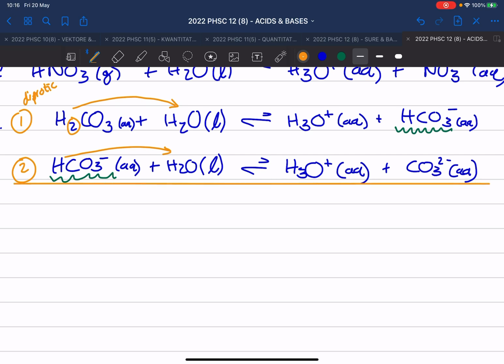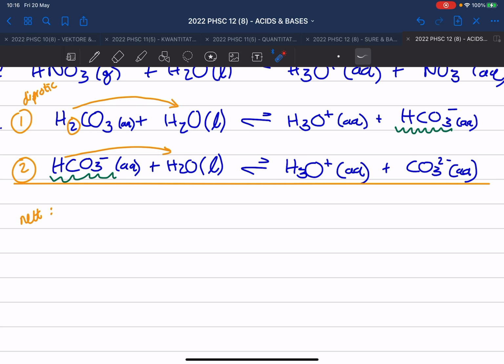Then you can also write the net reaction. The net reaction is like in mathematics where you add the 2 together, and you can see what cancels out on both sides. The only thing that can cancel out is the hydrogen carbonate ion.